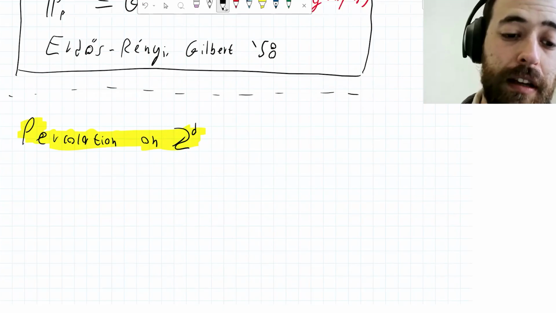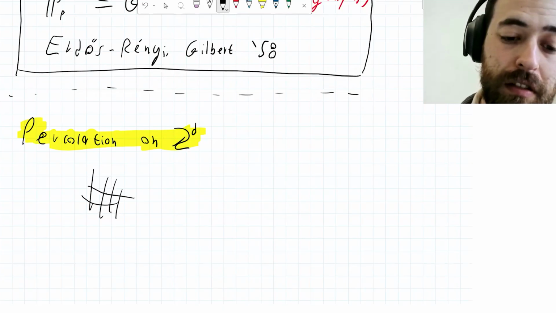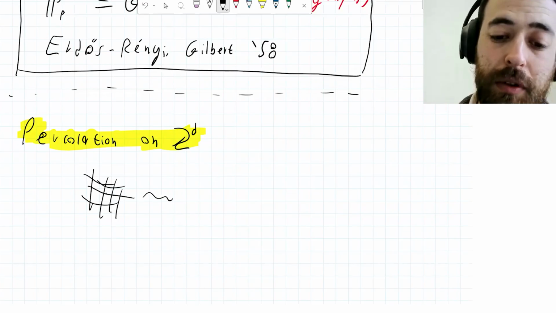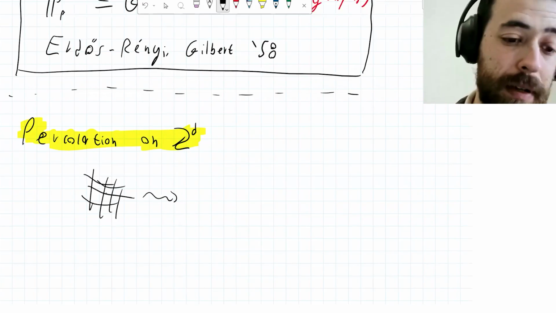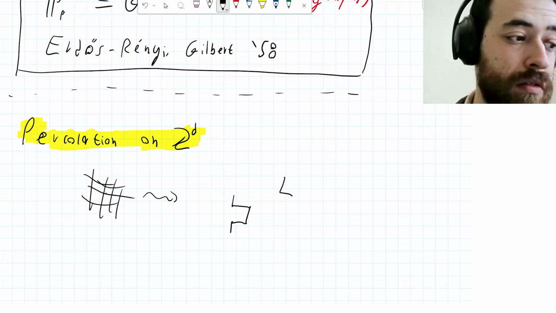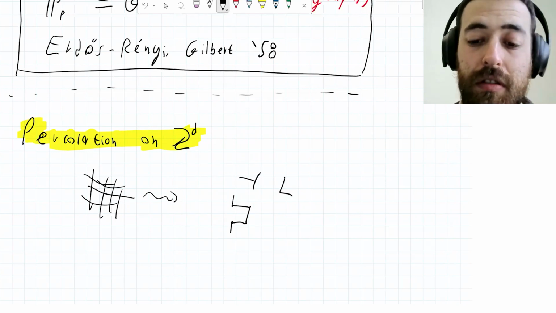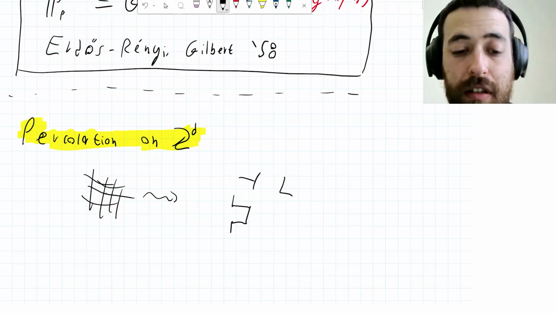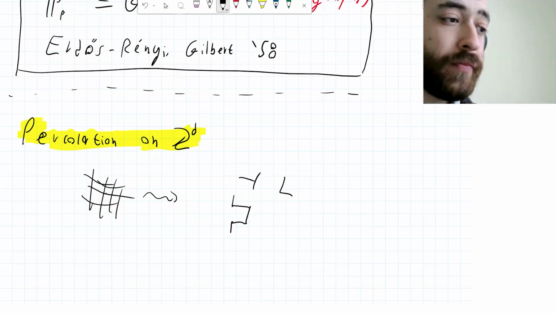We start with the d-dimensional grid, and we do this process, and then some edges remain and some do not. So for example, we can have this, and obviously we still have the nodes and everything.